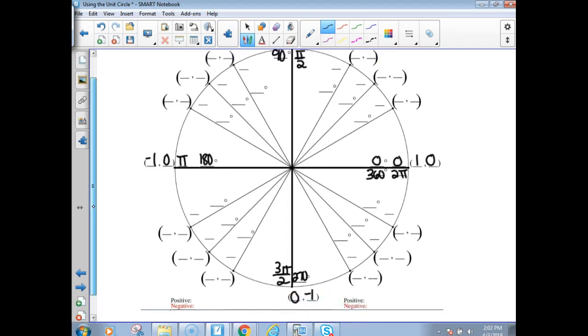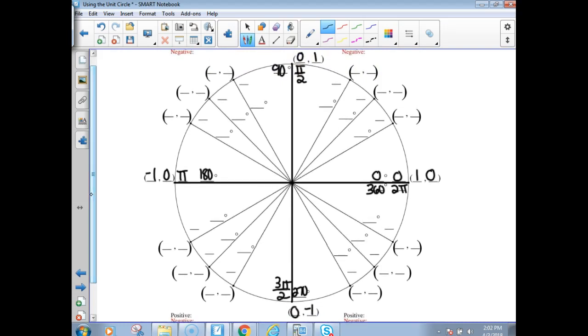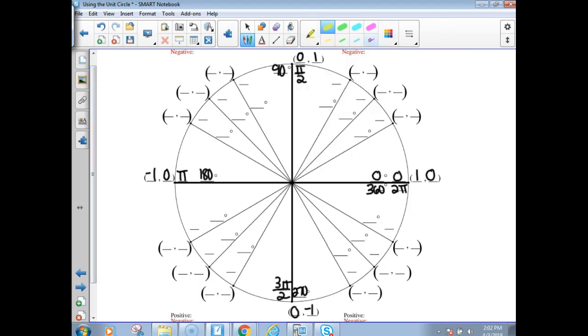Okay, now I'm going to talk about the reference angle of 45 degrees, or pi over 4, which I'd asked you to memorize. So I'm going to highlight all of these references of 45 or pi over 4 in radians. Those are all my 45 references.